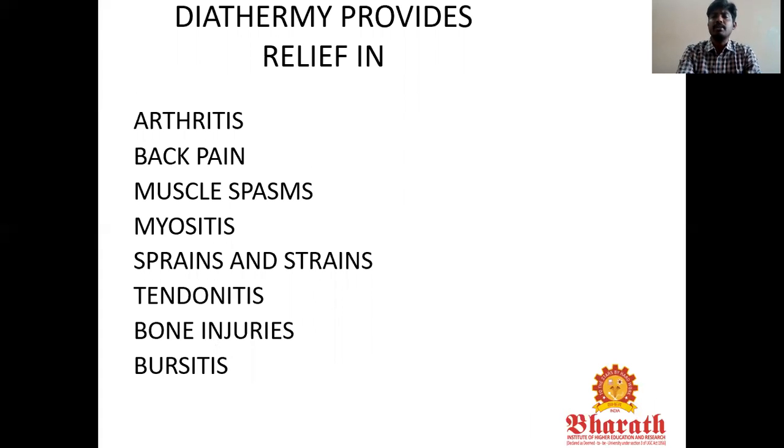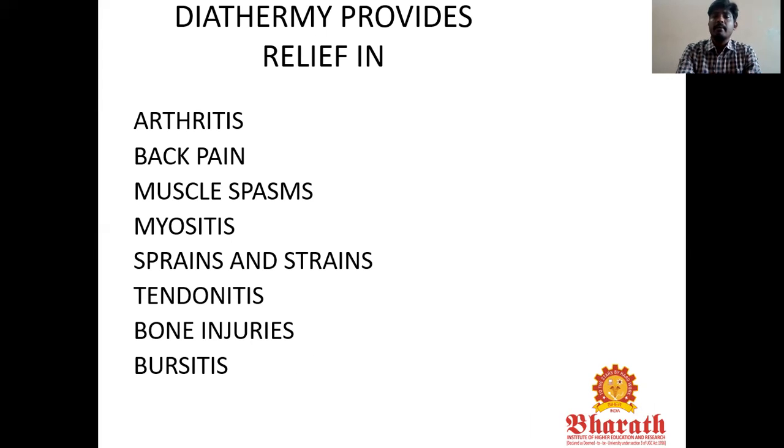What does diathermy provide relief in? We already know, to relieve pain. What type of pain? Diathermy gives relief in arthritis, back pain, muscle spasm, myositis, sprains and strains, tendonitis, bone injuries, and bursitis.